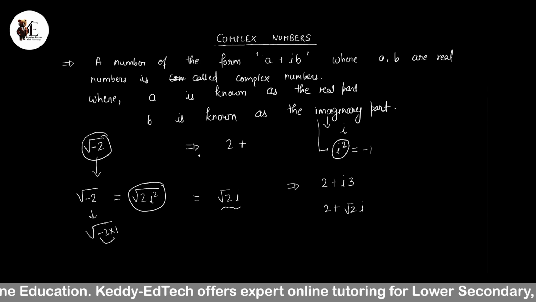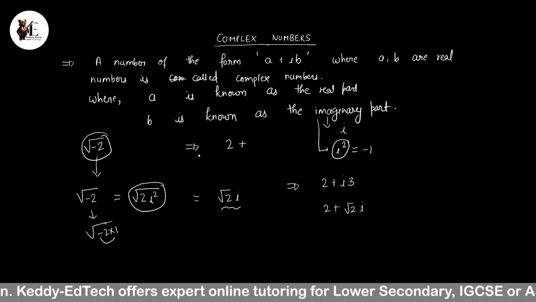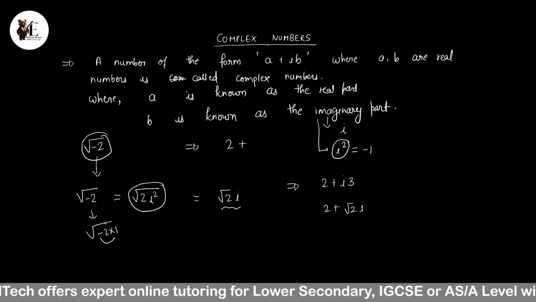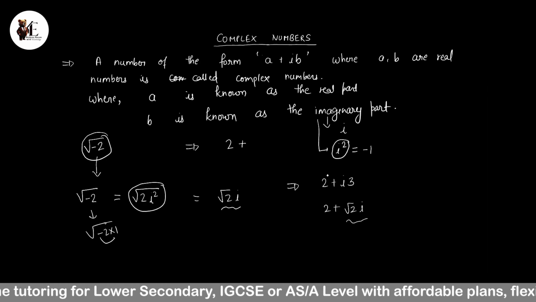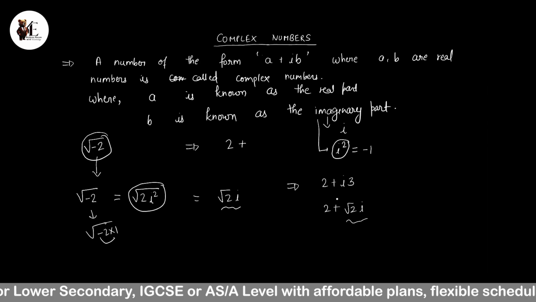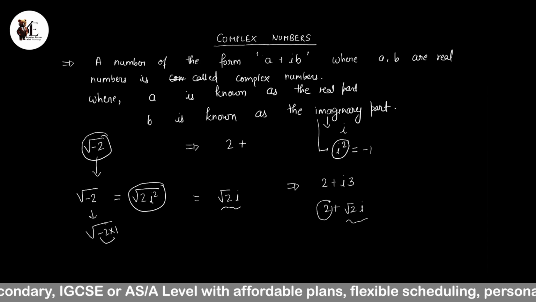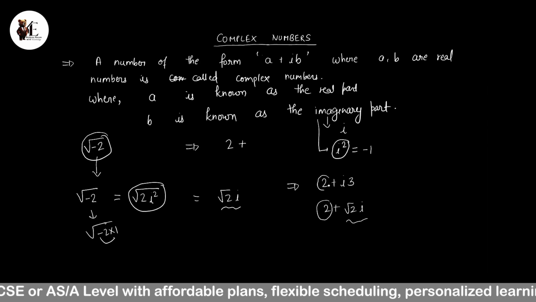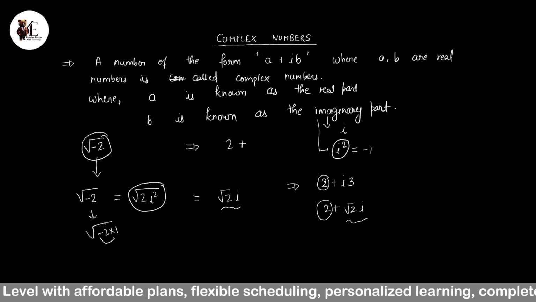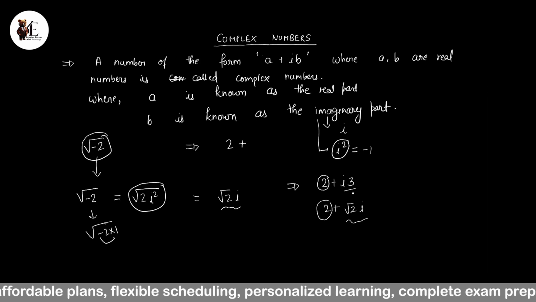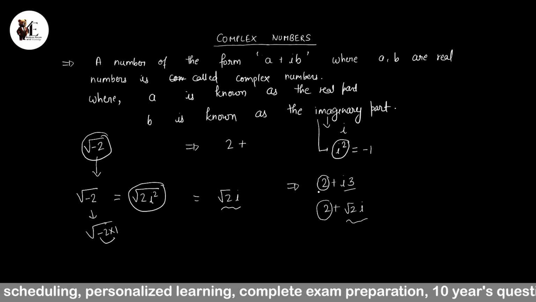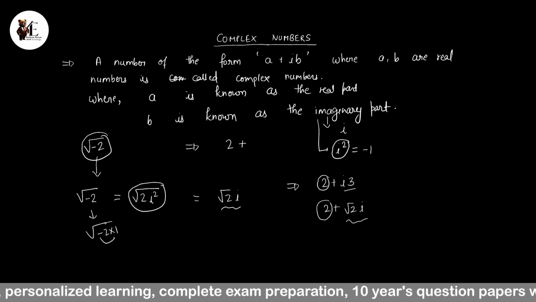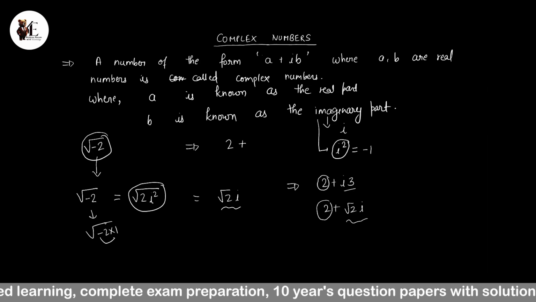In complex numbers, there will be two parts, a real and an imaginary part. Whenever i is written with a part, that part is imaginary and the other one is the real part. Like in these two examples, 2 is the real part and i3 or root 2 i, the second part of the expression, is the imaginary part.